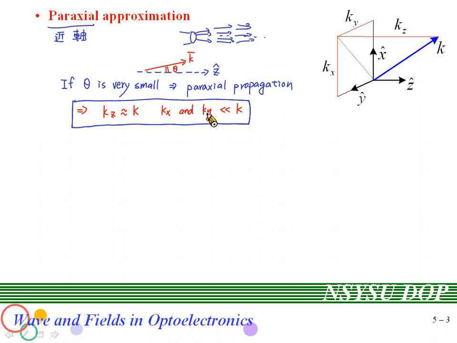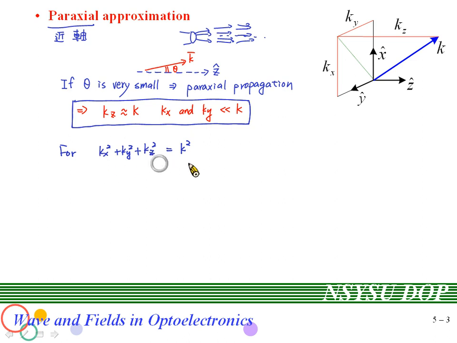For this kind of situation, let's go back to what we said in the previous slide. We said that the summation of the squares of the three components is equal to k squared. So here should be z.